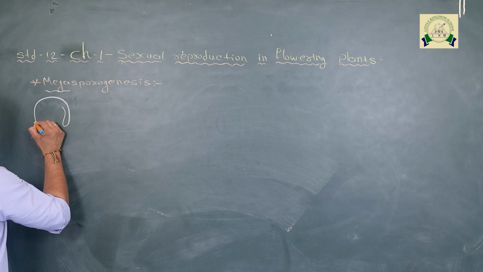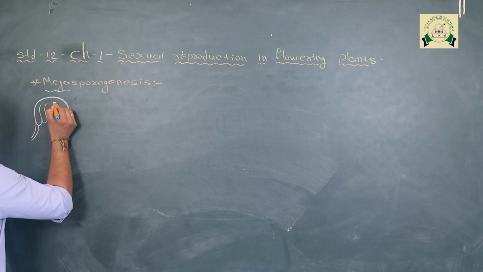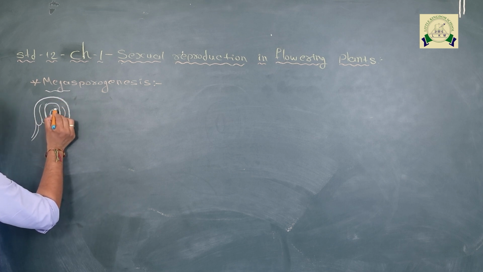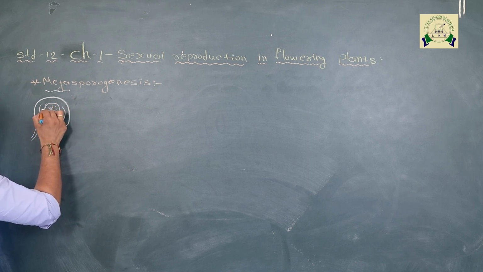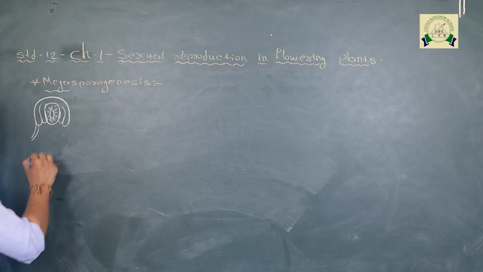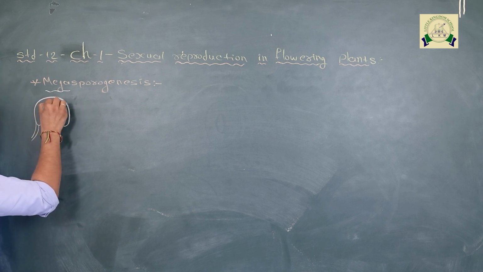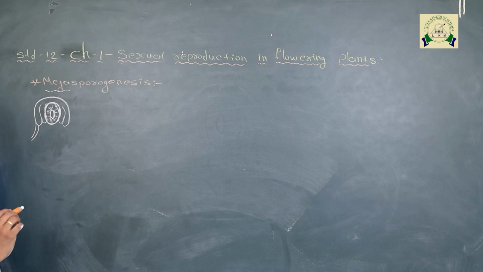So let's start. Now, as we know, the structure present inside the ovule is the nucellus, the tissue which surrounds the embryo sac. So now I am drawing only this portion, the nucellus and embryo sac.